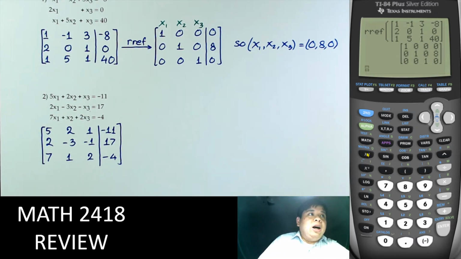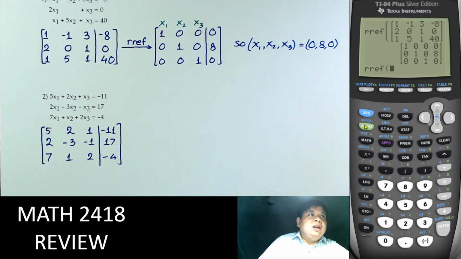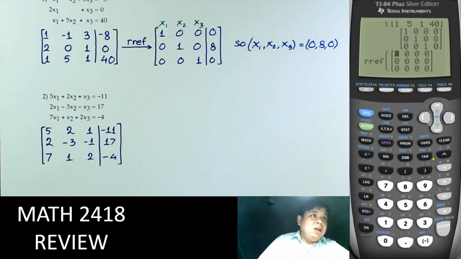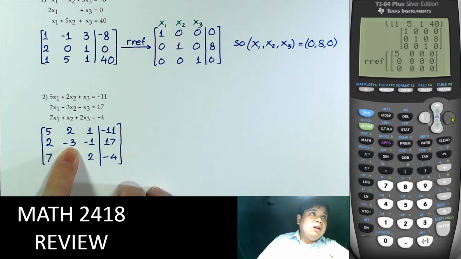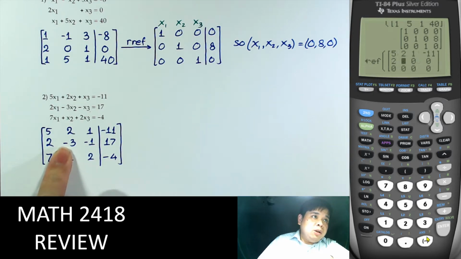Again, second x to negative 1 for the matrix, go to option B, alpha, zoom, 3 rows and 4 columns, so that's good. Enter 5, 2, 1, negative 11; 2, negative 3, negative 1, and 17; 7, 1, 2, and negative 4.